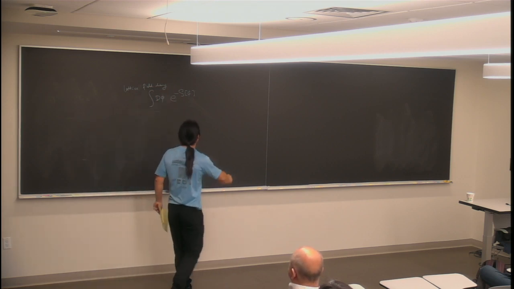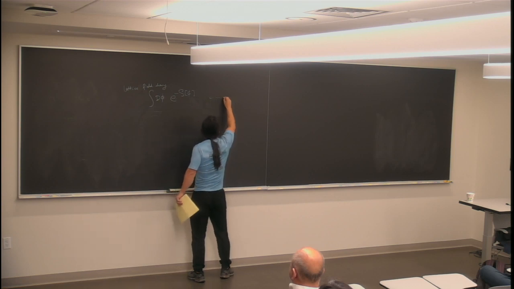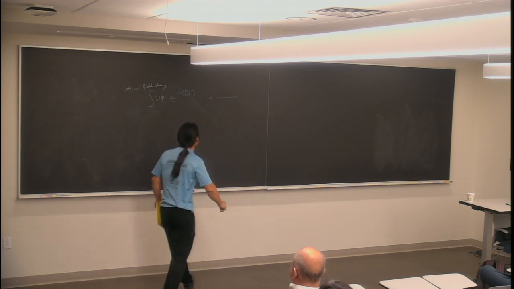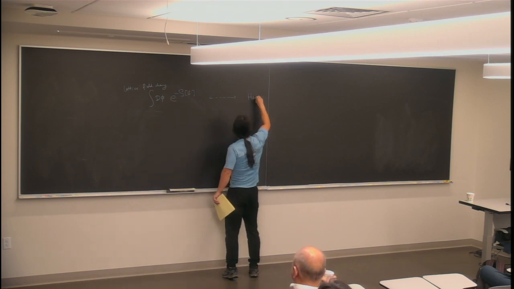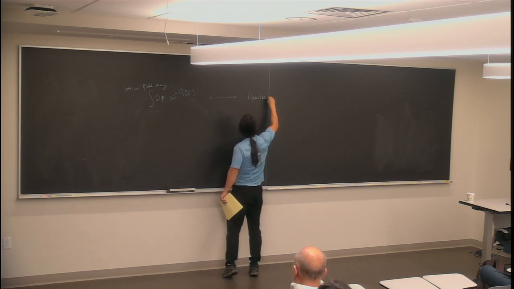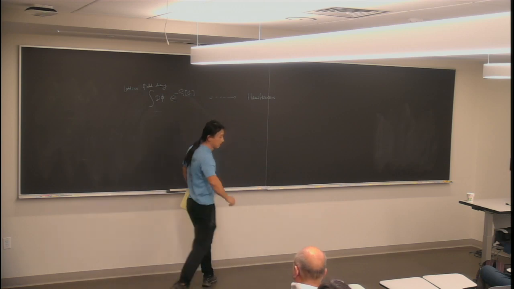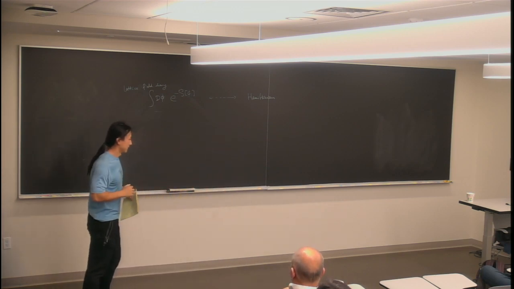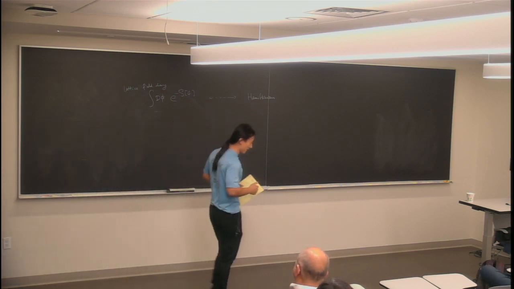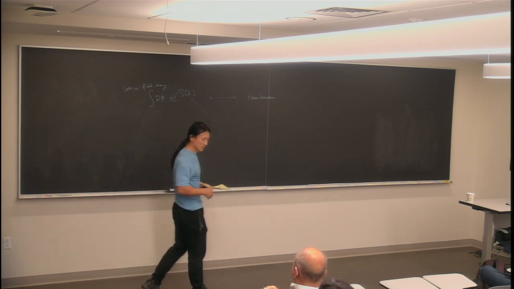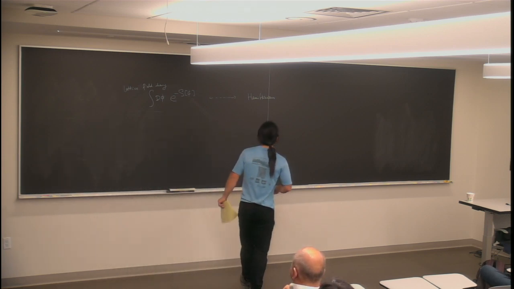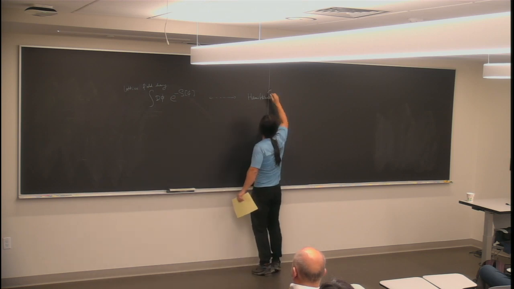Now, this is related to the Hamiltonian formulation of quantum field theory. In order to define the Hamiltonian of quantum field theory in the correct way, once again, one typically has to do some kind of regularization or truncation.